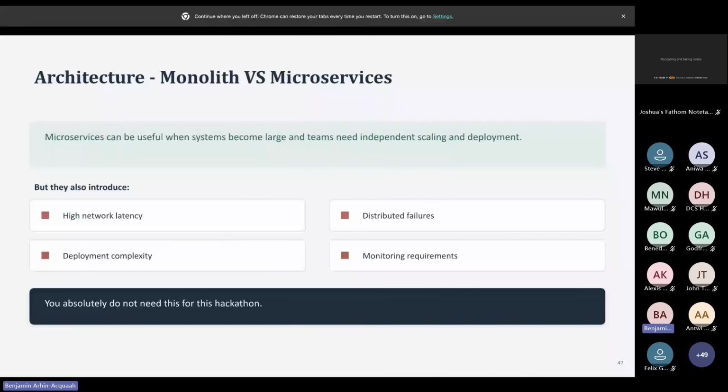Can anyone share the idea of what they think these two mean, monolith and microservice? The microservice is already a little bit described here. Monolith, who can tell us something about the monolith?